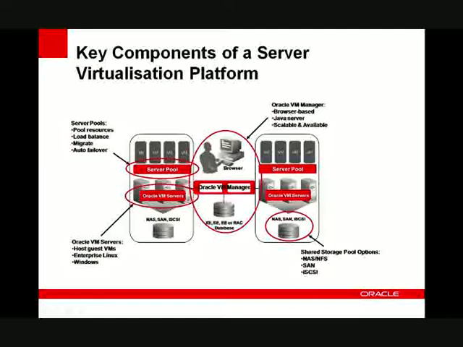And of course, you have to have some form of centralized management to make sure that you can look after all the virtual machines, the physical servers, and the server pools themselves. And these components are common in one way or another across all of the mainline virtualization environments today.